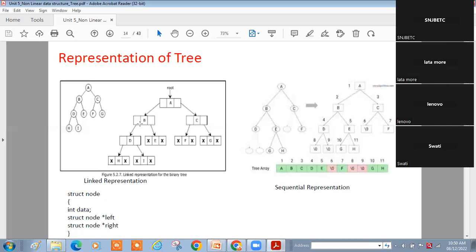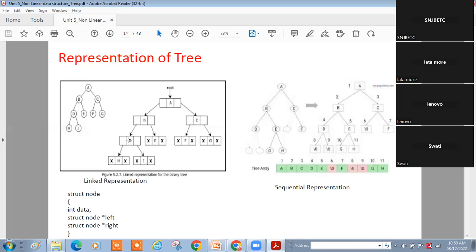Similarly, this B has two children, D and E. But now see, in case of E, what is there? For E, there are no children. If no children are there, I can say both the fields are null. Null can be represented by a cross, it can be represented by 0, it can be represented as NULL.